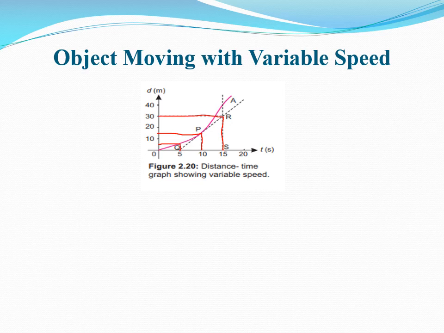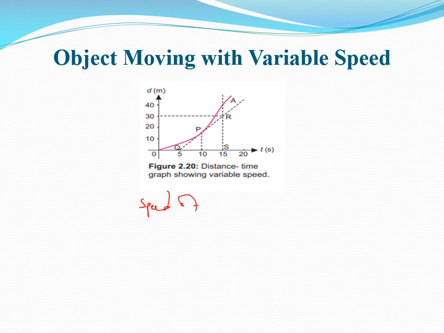It goes from 15 to 30, meaning 15 meters. As the body is not covering equal distances in equal intervals of time, this speed is termed variable speed. So how can we find the speed of the object from this sort of graph?